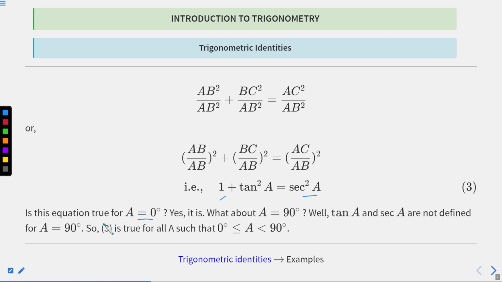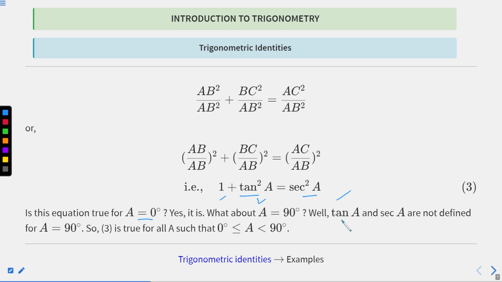And now what about A equal to 90 degree? If we substitute the value A equal to 90 degree in this equation, then in the left hand side we get 1 plus tan square 90 degree, and in the right hand side we get sec square 90 degree.